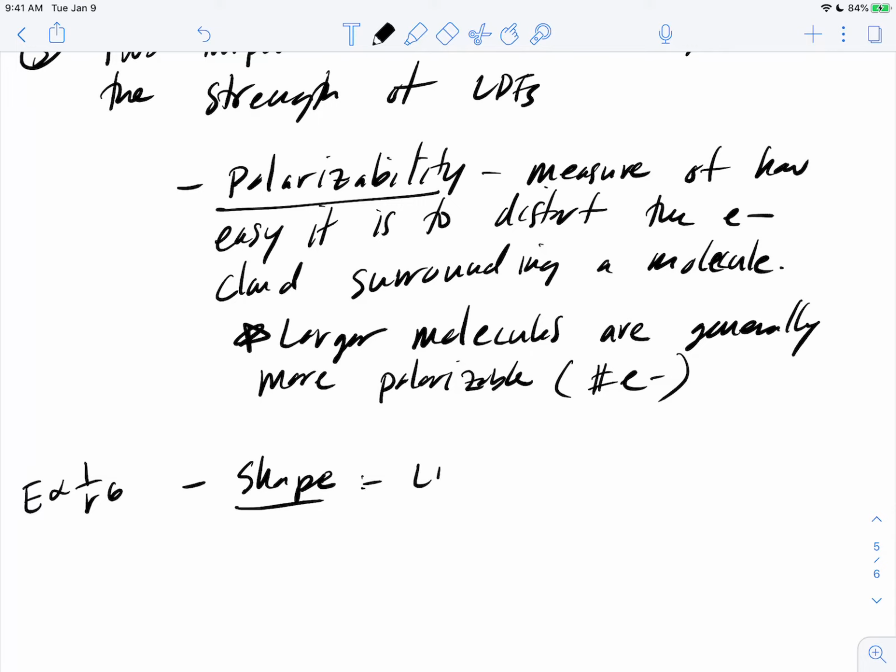So LDFs occur only at very short distances.